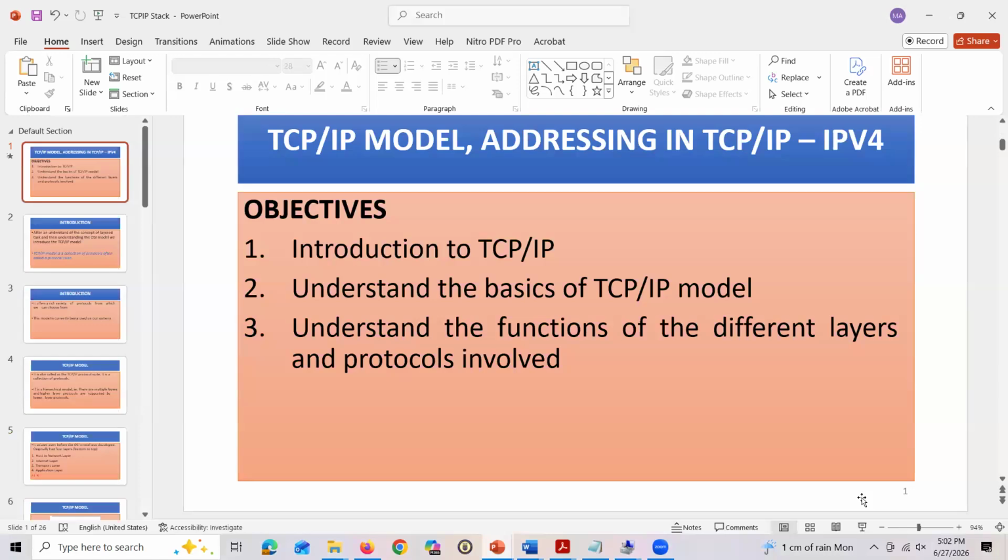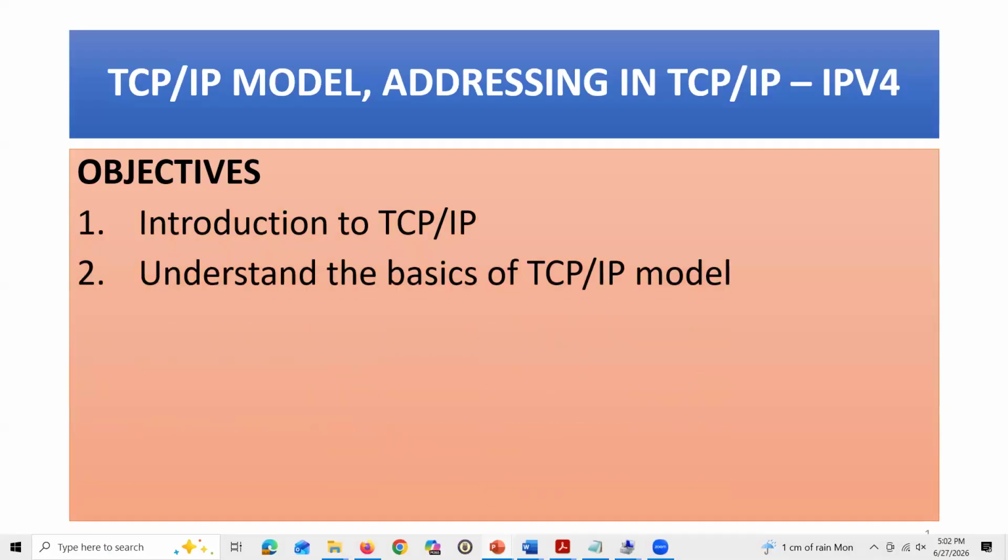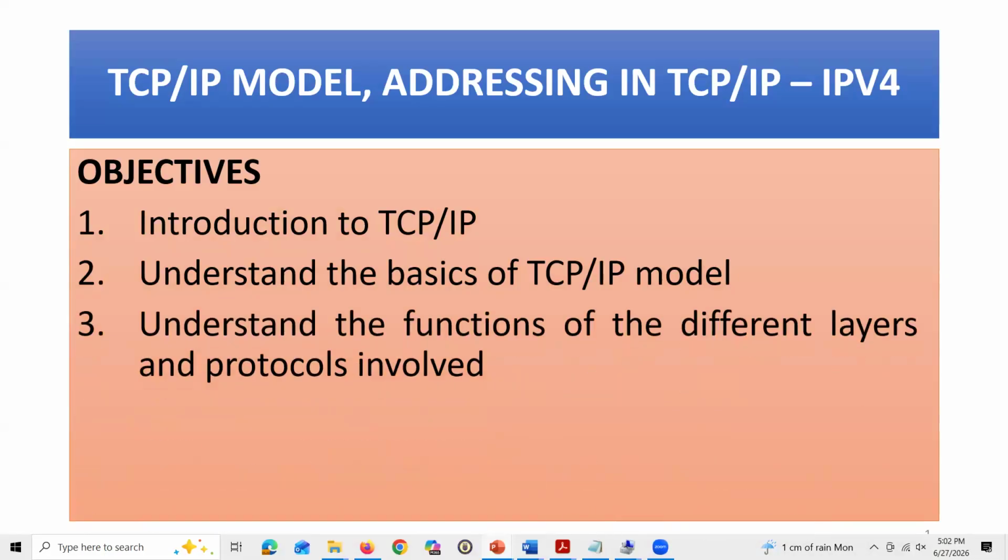All right, so having come this far, we have been able to understand what OSI model is. We know the layers that made up the OSI, and we also looked at the protocols and devices that operate on each of them.